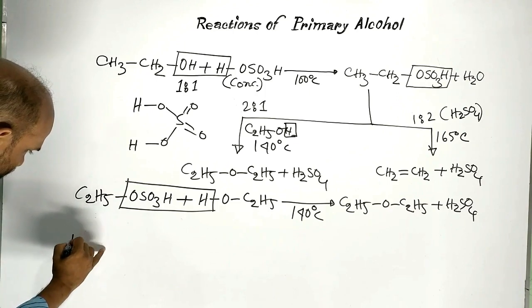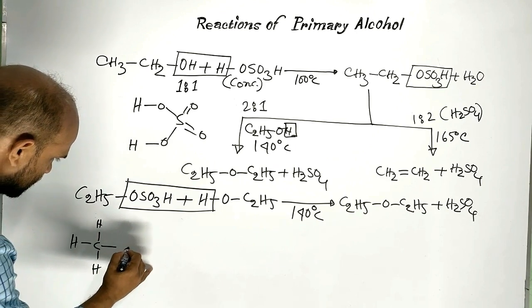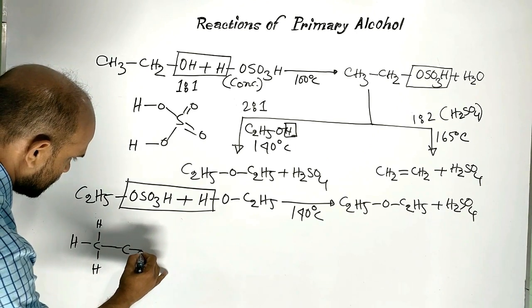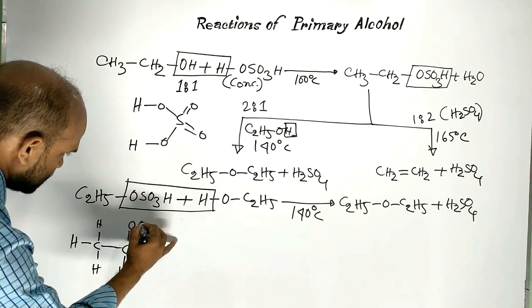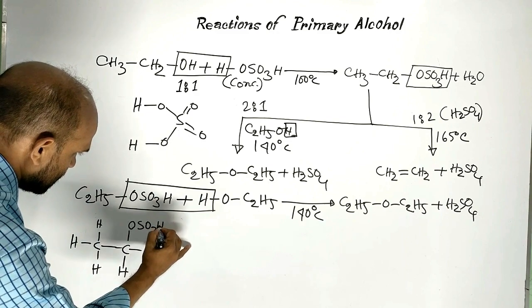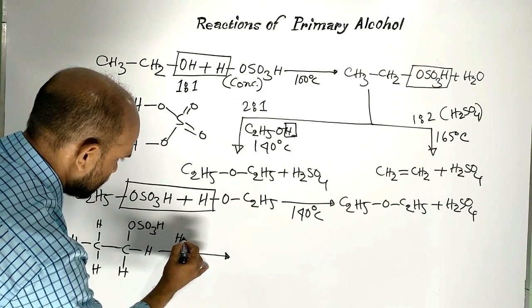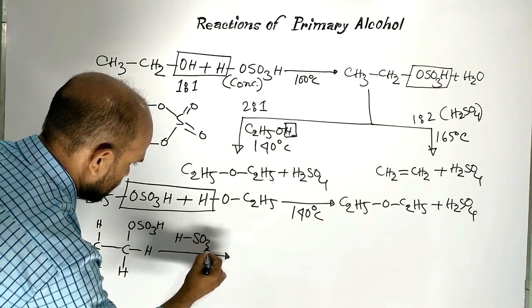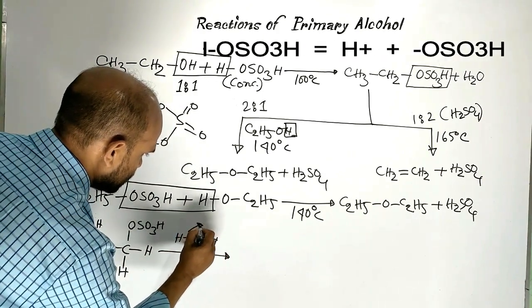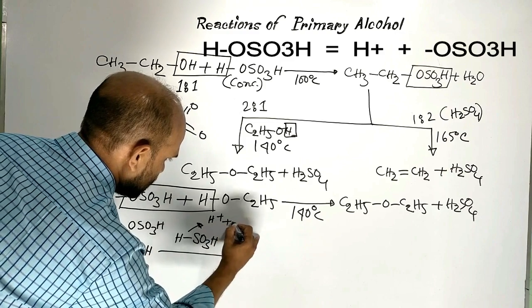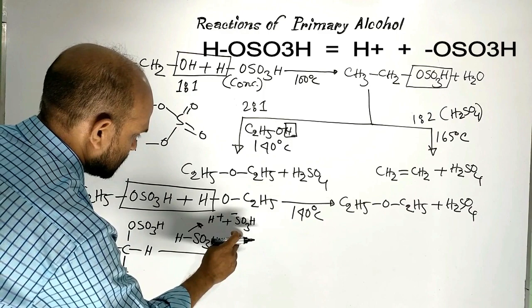Now, ethyl hydrogen sulfate, with hydrogen here, and oxygen, SO3H, and sulfuric acid. Here sulfuric acid turns into proton and bisulfate ion.